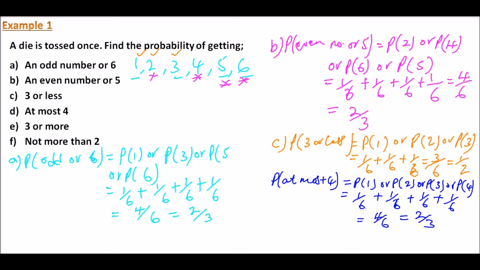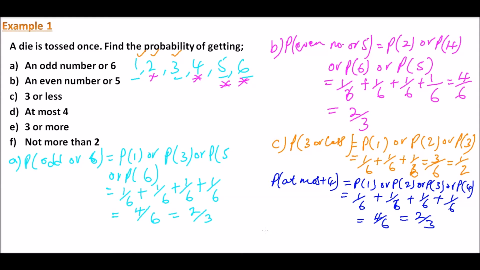The other one is probability of getting 3 or more. So we say this is the probability of getting 3 or more. It is equal to the probability of getting 3, or probability of getting 4, or probability of getting 5, or probability of getting 6.